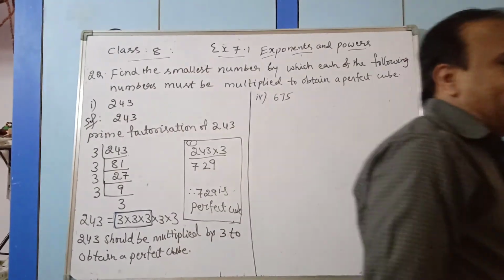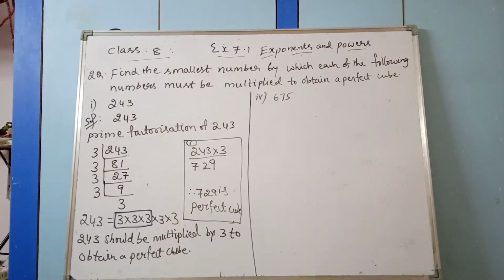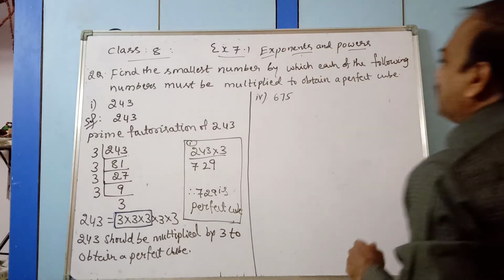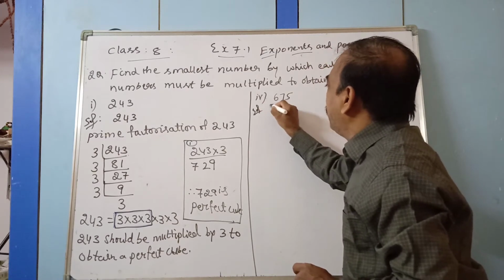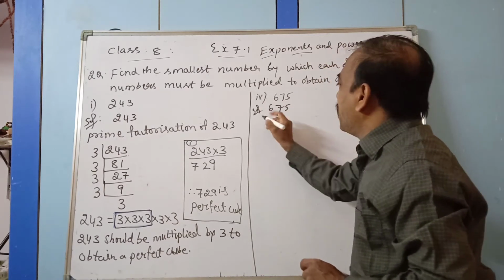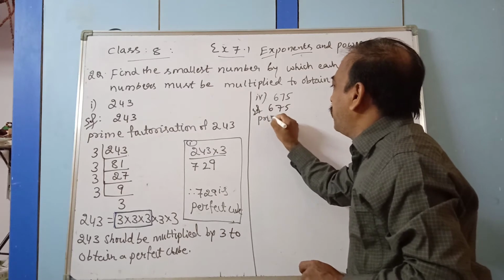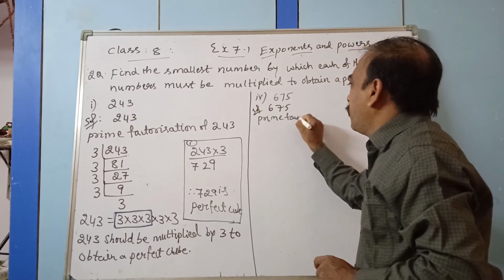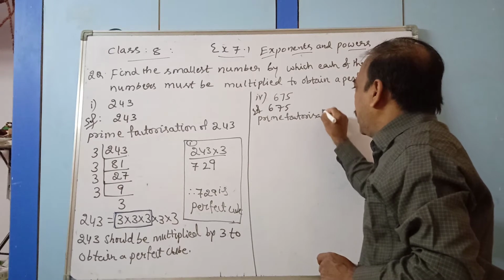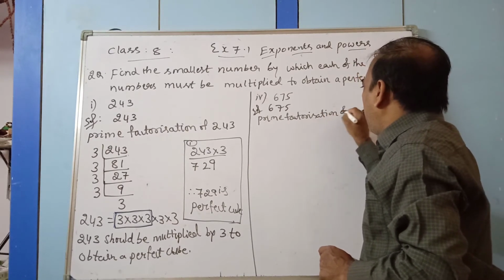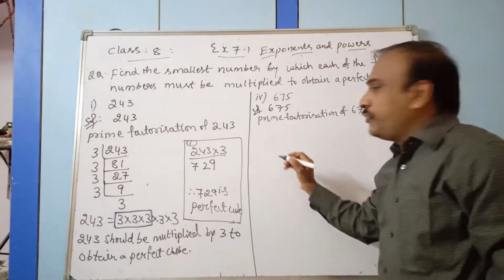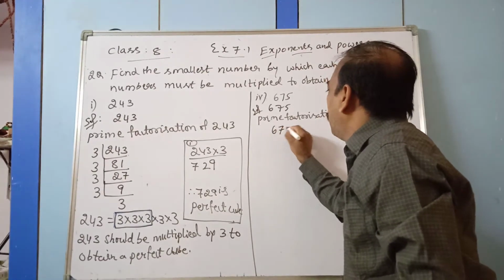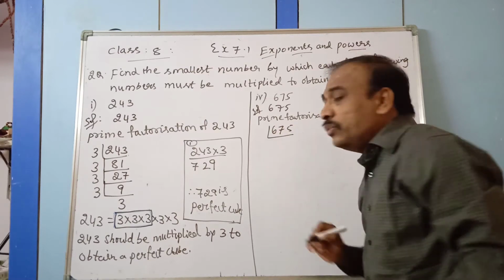The next question is 675. In this also you have to do prime factorization of 675. Is it divisible by 2?